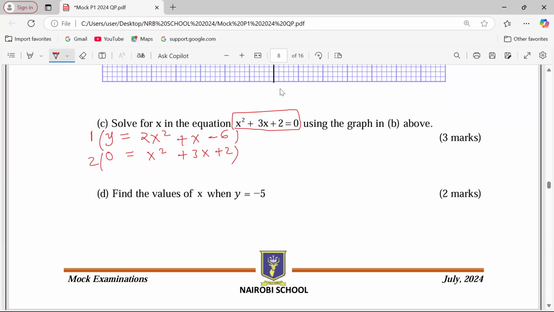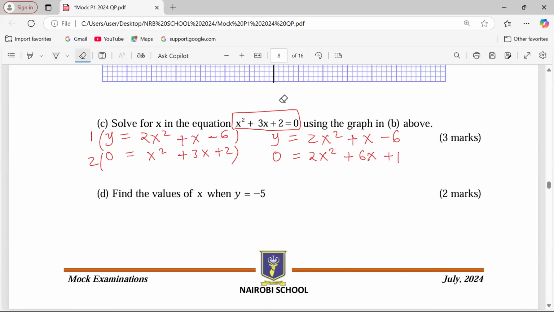So the first equation now remains y equals 2x² plus x minus 6. Then here 0 equals 2x² plus 6x plus 4.